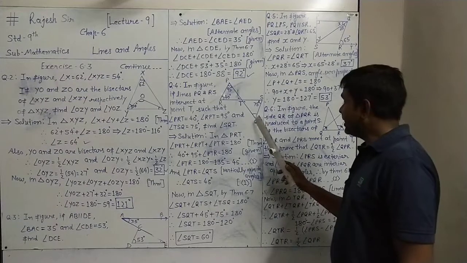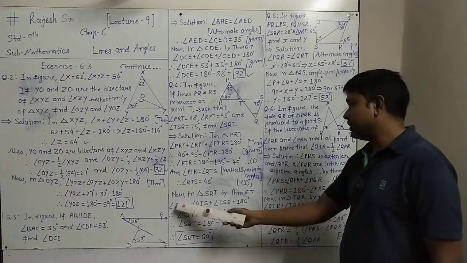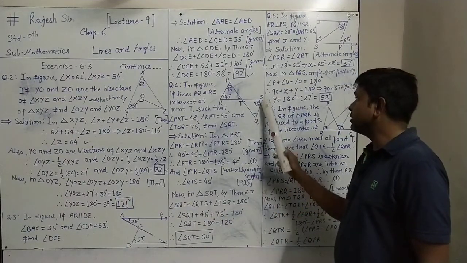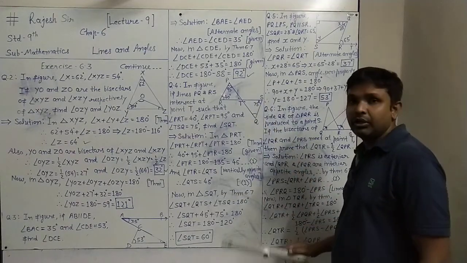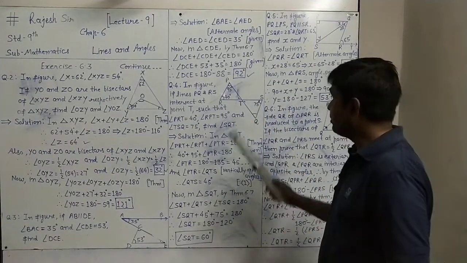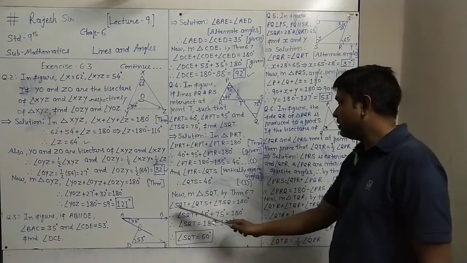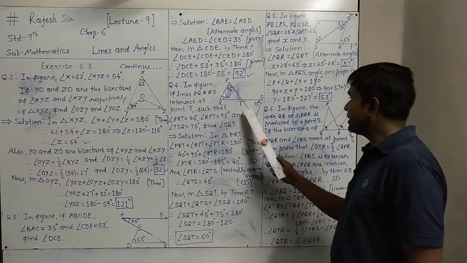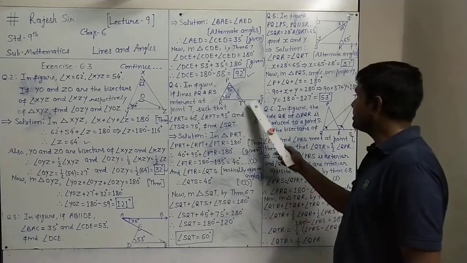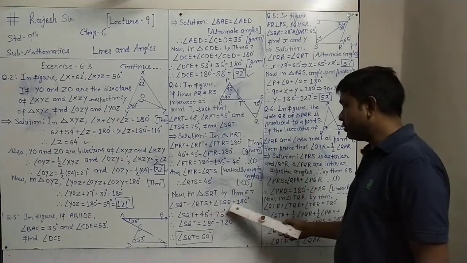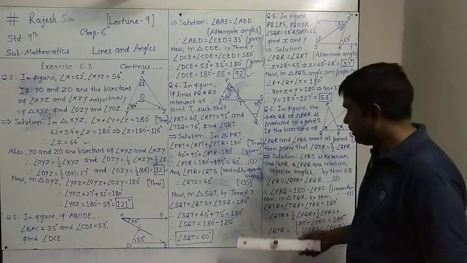Now you can take the next triangle, triangle SQT, this triangle. By theorem 6.7, or you can say the angle sum property, the sum of all three angles will be 180. So angle SQT, this angle, plus angle QTS, this angle, plus angle PSQ, this angle, all the three angles sum equals 180. Now place all the values.